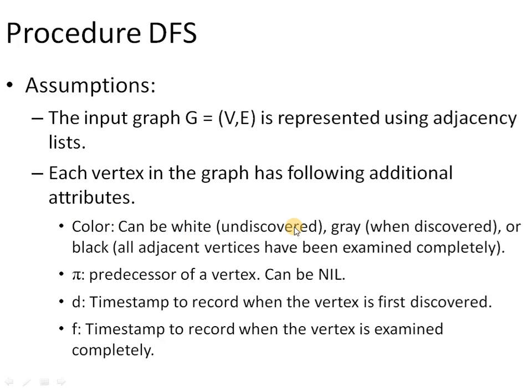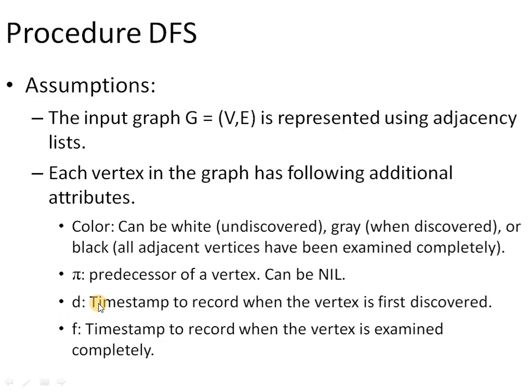White means yet to be explored, that is undiscovered. Gray means we have just discovered it, and black means we have completed the examination of that vertex. That means we have explored all the adjacent vertices of that particular vertex. Then pi is used to create the predecessor subgraph. So it will have the value of the vertex which is visited just before that vertex.